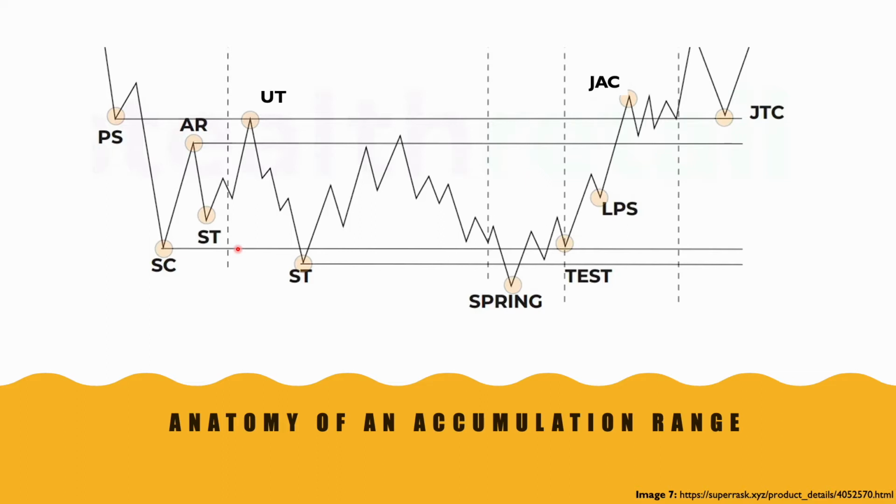Why? Because when we are at the low levels, everyone knows that it's support. They begin to buy and buy and buy until they reach the range high. And at the range high, you have the breakout traders. The breakout traders are a special breed of people.